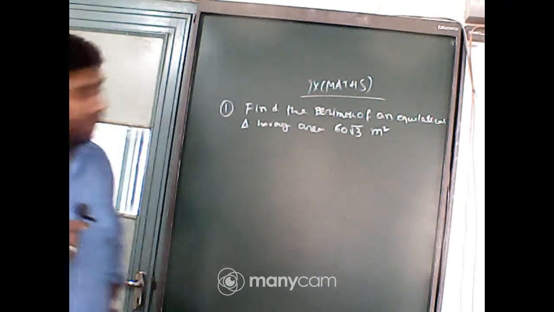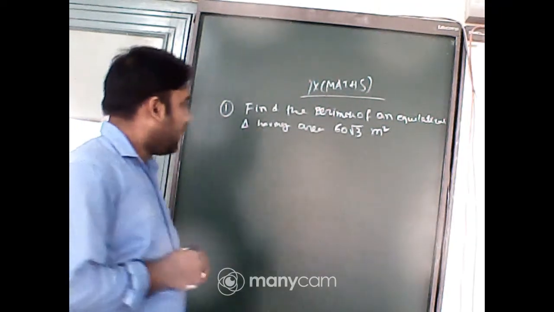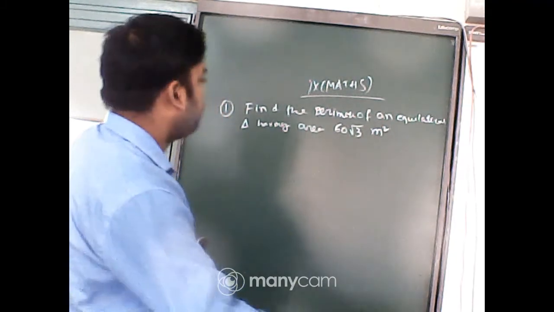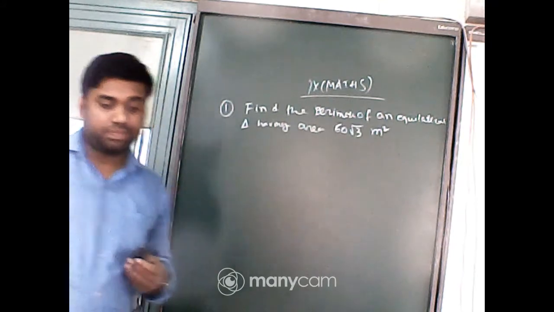Quickly. Find the perimeter of an equilateral triangle having area 60 root 3. Find it quickly.